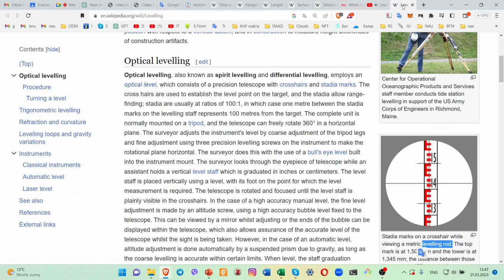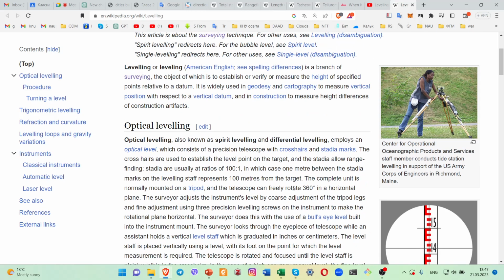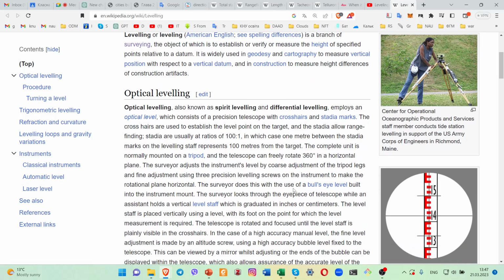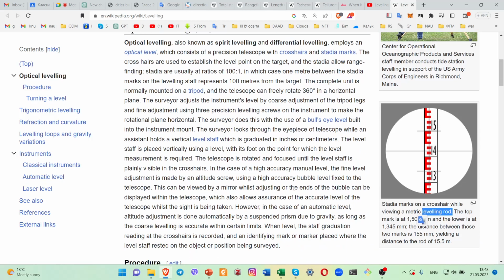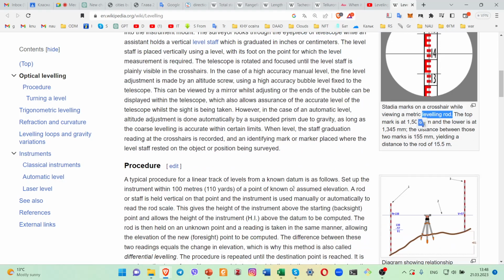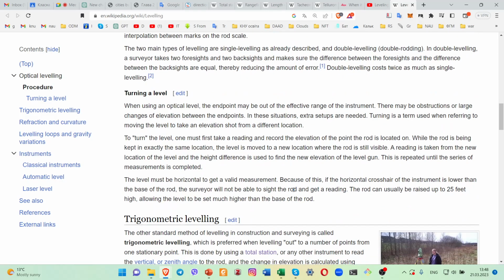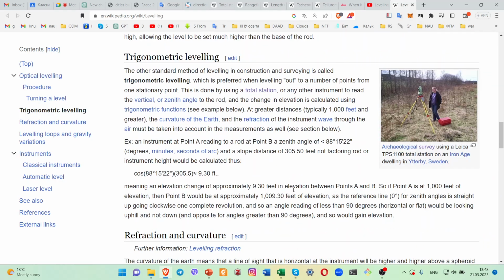Well, speaking about leveling, we should distinguish optical leveling, which uses optical levels. Another option is trigonometric leveling.